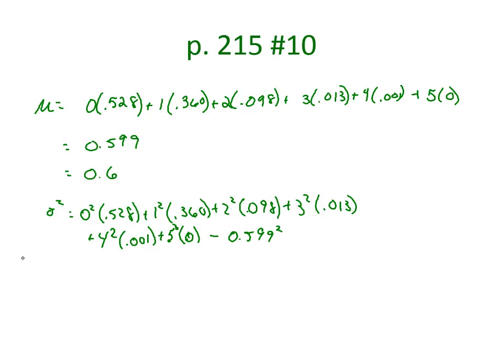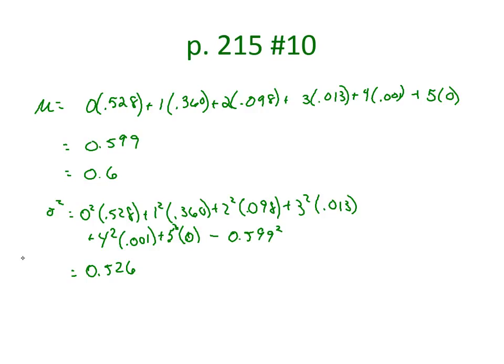Well, I'm trying to do it in my head, so I could be wrong. What are you coming up with? Okay, that's probably right. Yeah, it is. 0.526 is good. Is that what you were getting, Shelby? Oh, okay. Yeah, I want the whole thing.